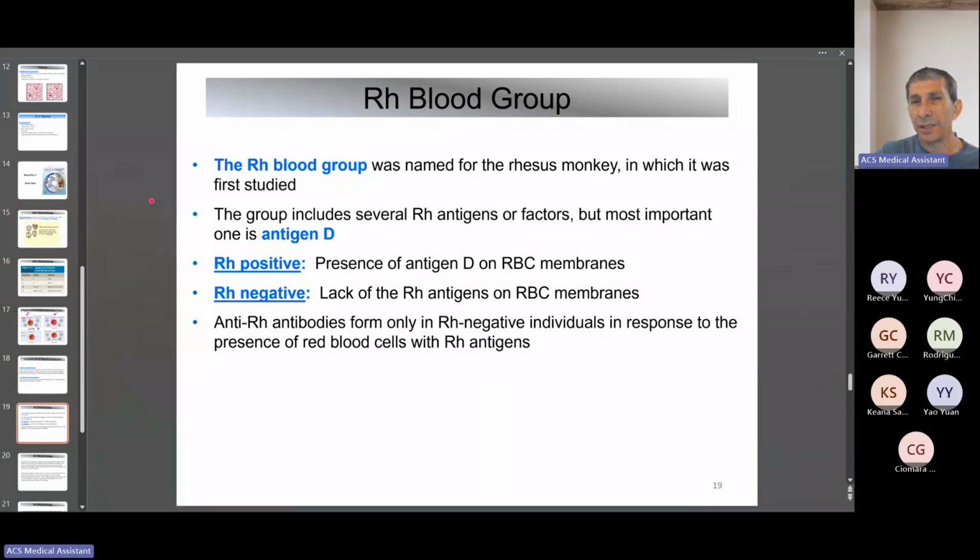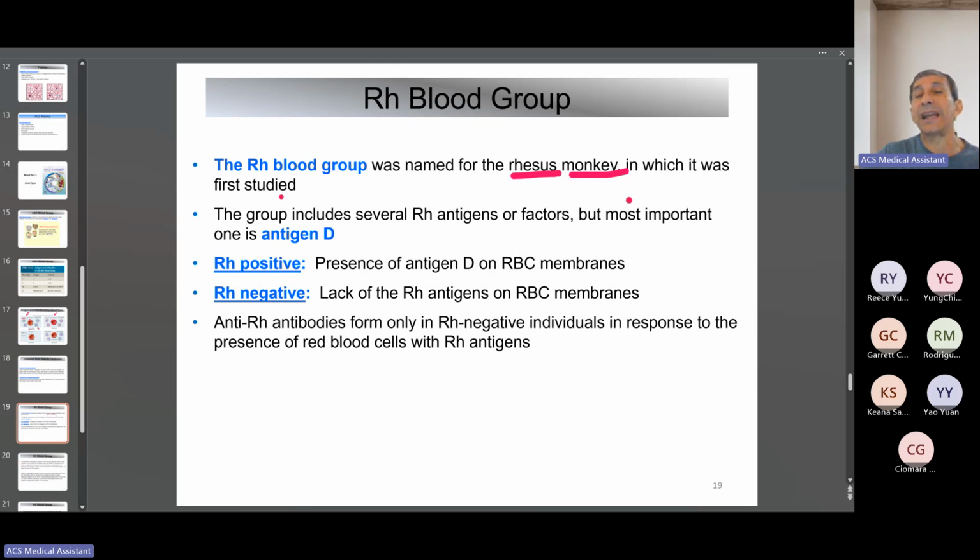R stands for rhesus. Rhesus was a type of monkey that contains these antigens. When they did evaluations and research, they found out that the monkeys have these, certain positives and negatives.